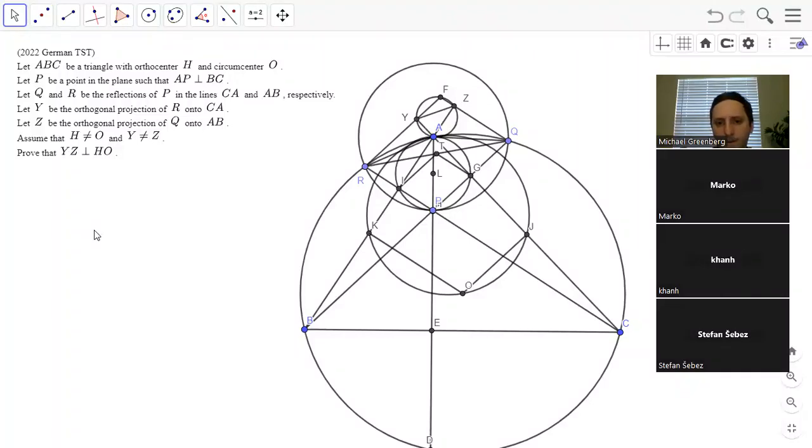Angle FAB is the angle. Yeah, FA is parallel to TL, because the homothety at P takes L to A and T to F. So FAB is the angle between AB and TL, which is the angle between AC and OH.